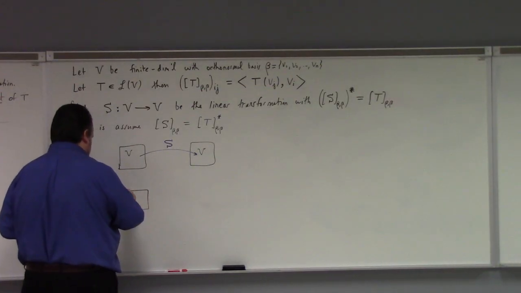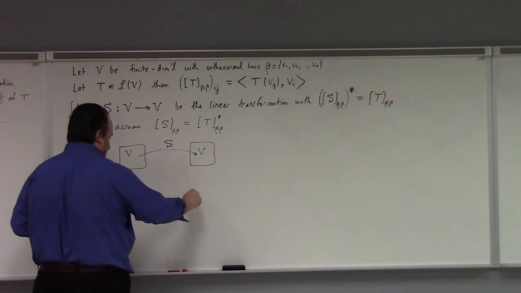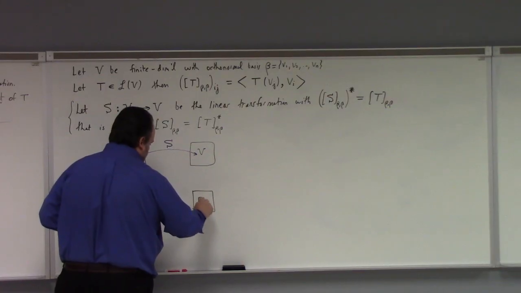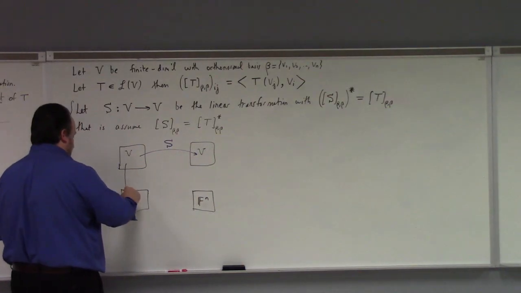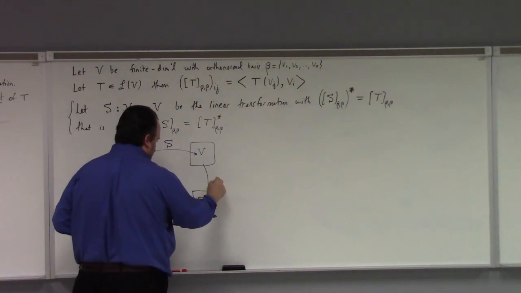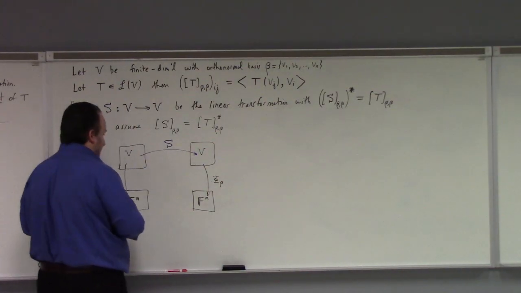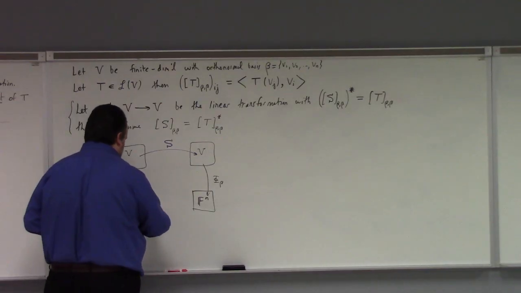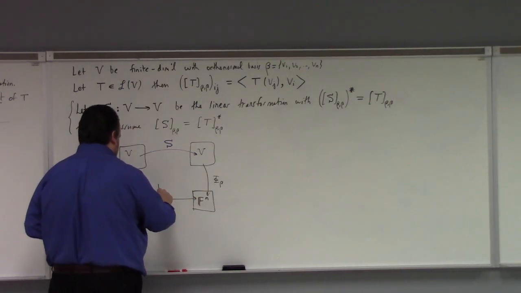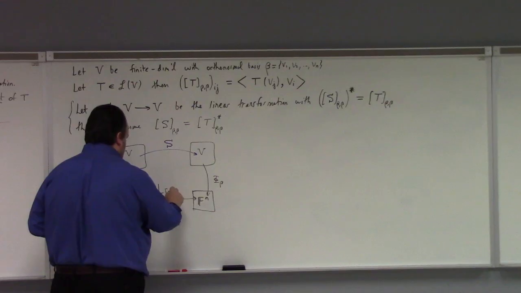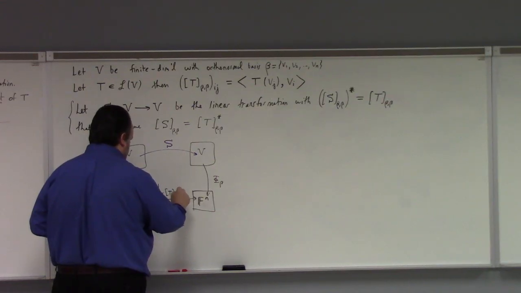Trying to think through it here, guys. So this is Fn, and over here is Fn. And of course I've got the beta coordinate maps here and here, right? And, well, I can define left multiplication by T beta beta star.